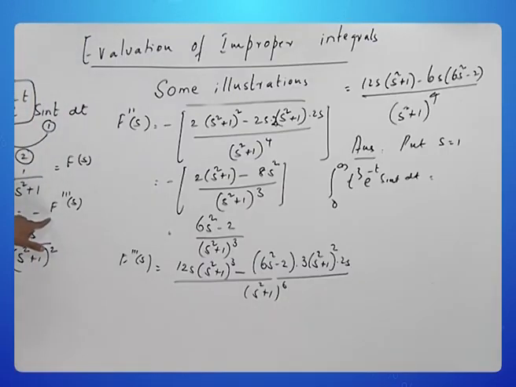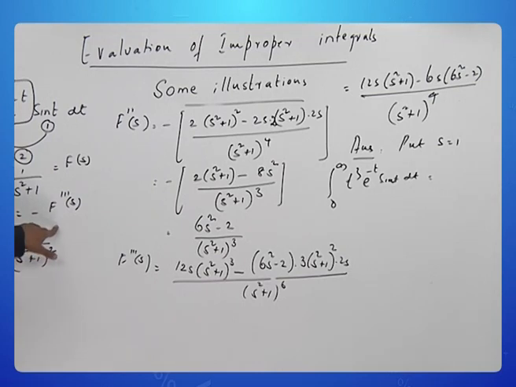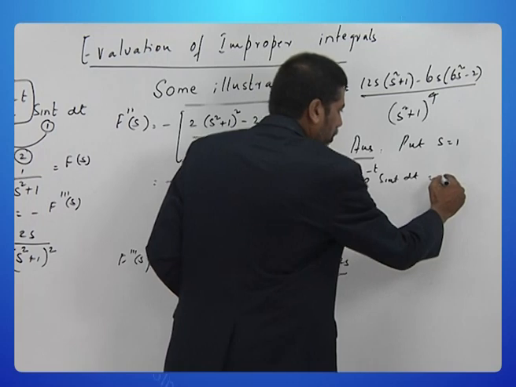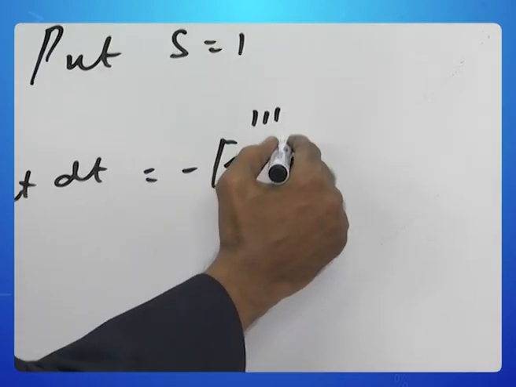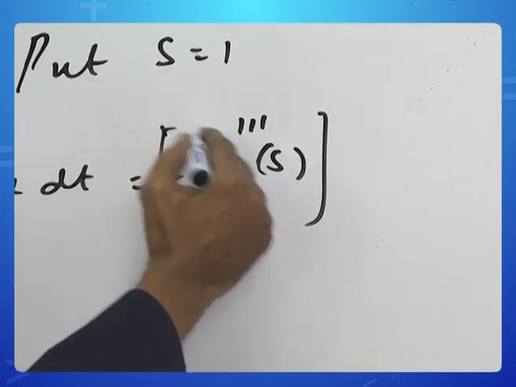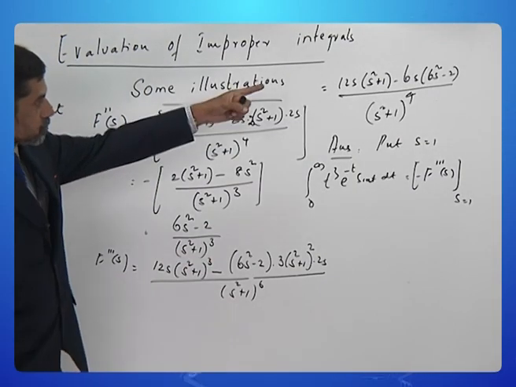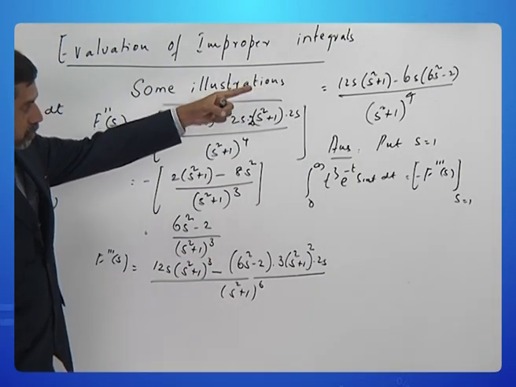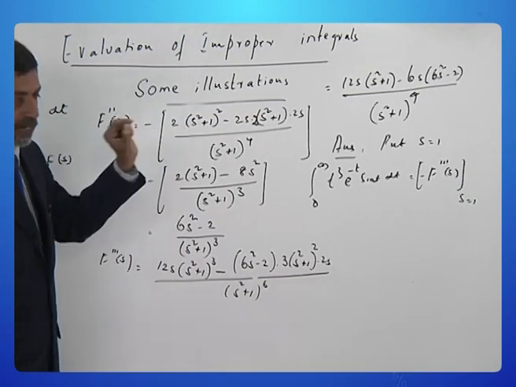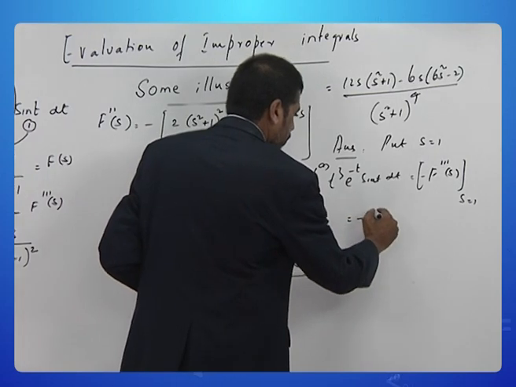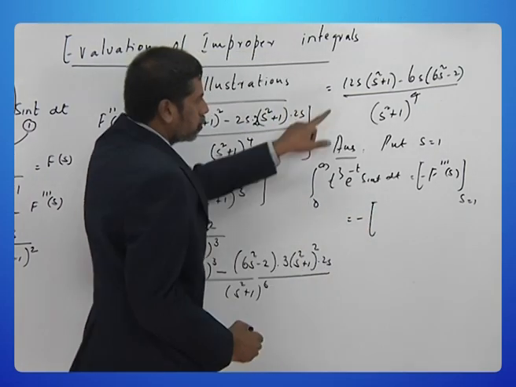So we will have integral 0 to infinity t cube e power minus t sin t dt is equal to, remember this is where the answer is produced, minus f triple dashes at s is equal to 1. Don't forget we must attach a minus sign. So put s is equal to 1.